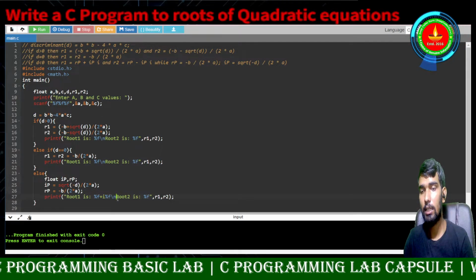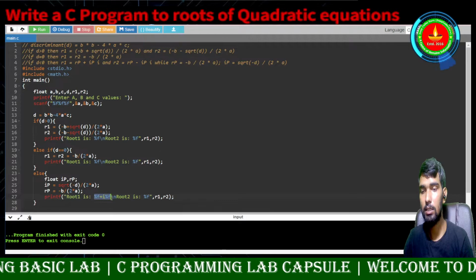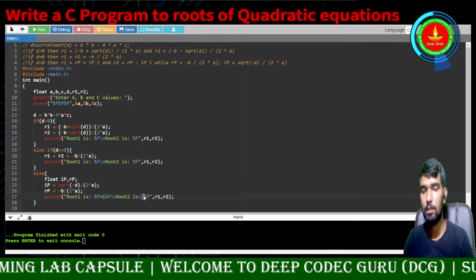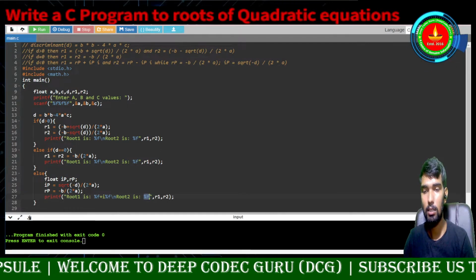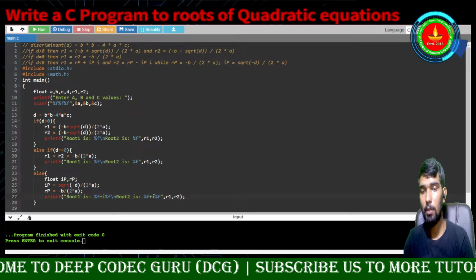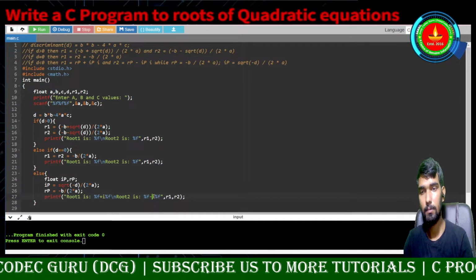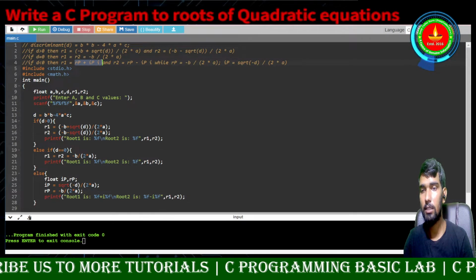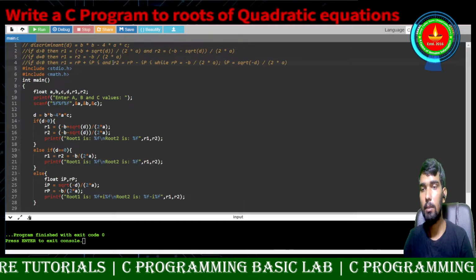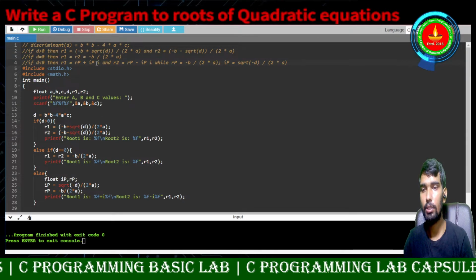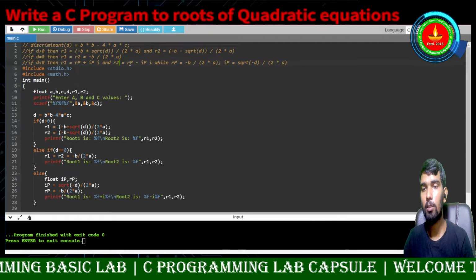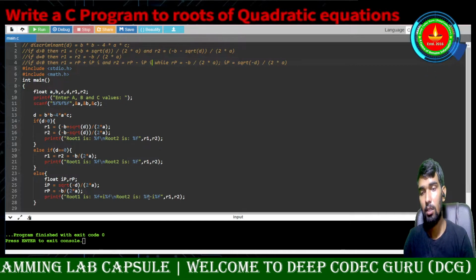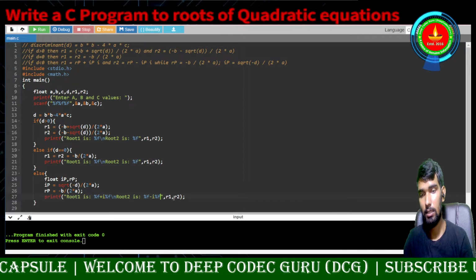Okay, and we can do the same thing with root 2 also. And there will be only one difference. One will be plus and another will be minus. So you can see for root 1 there will be real part plus imaginary part i, that is not into i, that notation is i, and for root 2 real part minus imaginary part i. So we are doing the same thing here.